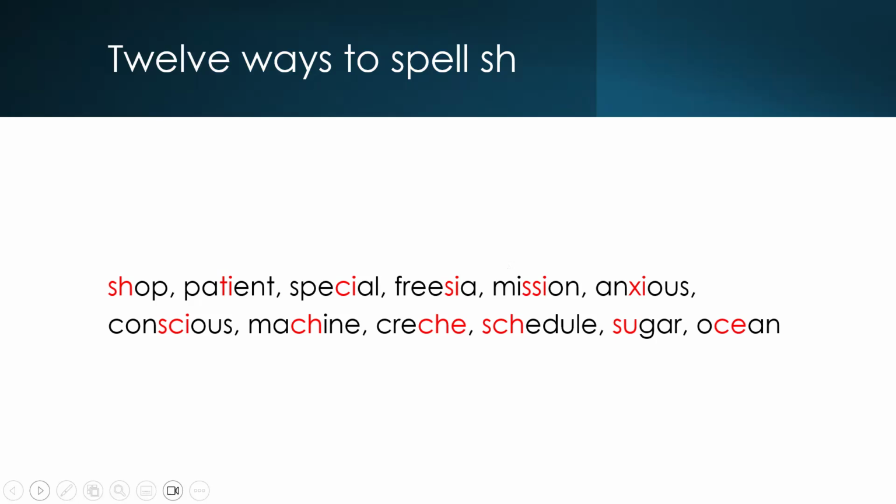The sch of schedule is German. Then we have words like sugar and sure and usual with su making the sh sound and ce making the sh sound in ocean and herbaceous.